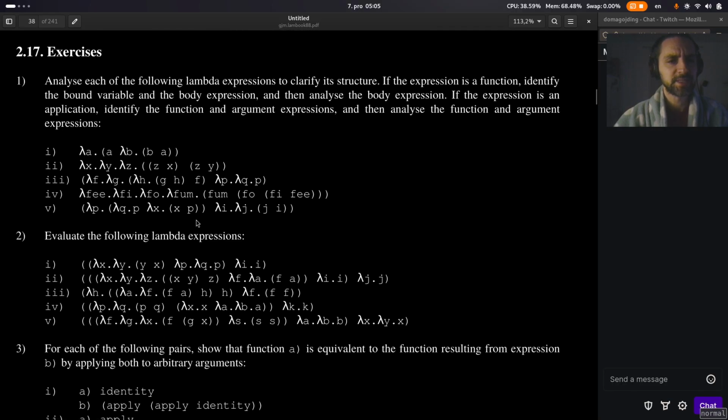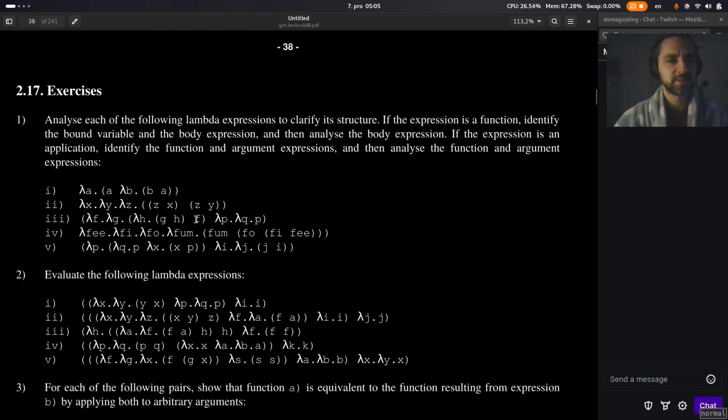So let's practice now. Exercise 2.17, okay. Analyze each of the following lambda expressions to clarify its structure. If the expression is a function, identify the bound variable and the body expression. Analyze. So it's just to analyze.